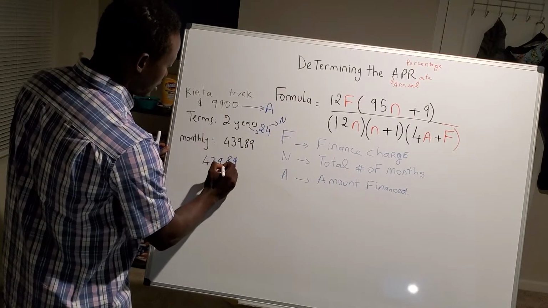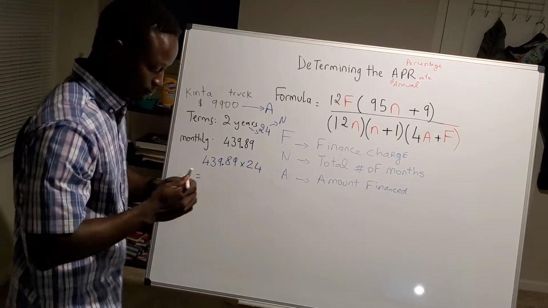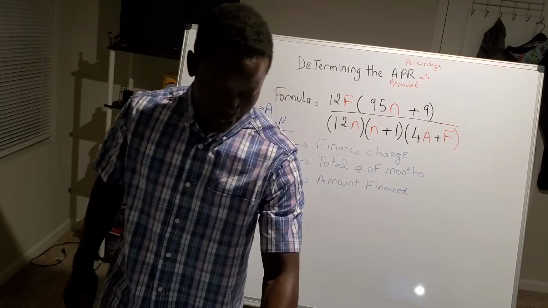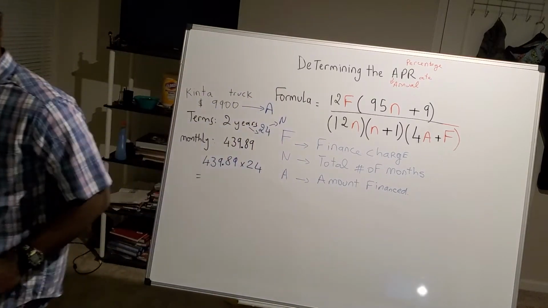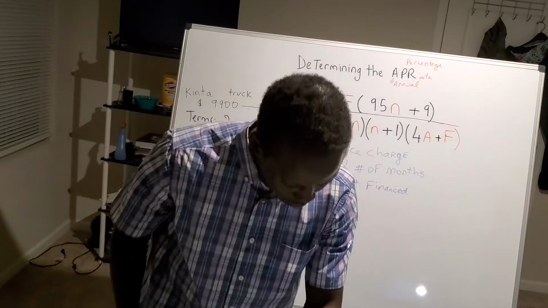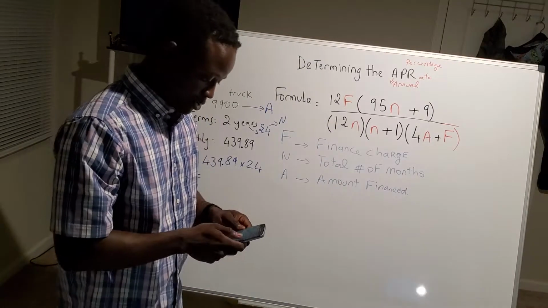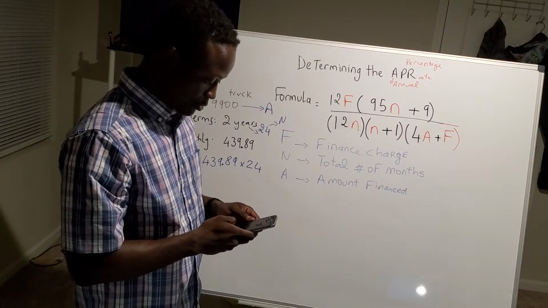So 439.89 times 24, right? Let's see what that gives me. Again, I'm gonna use my other phone as a calculator, but like I said, you can use Desmos.